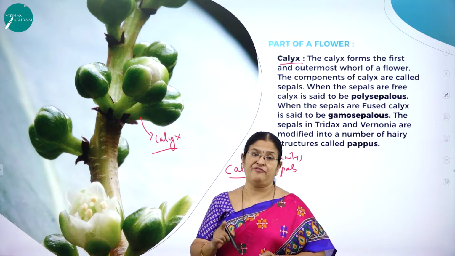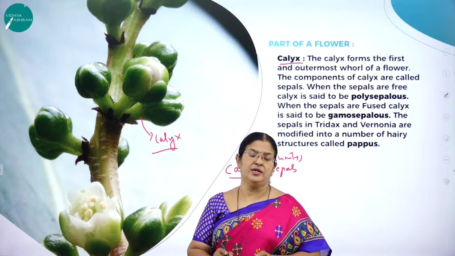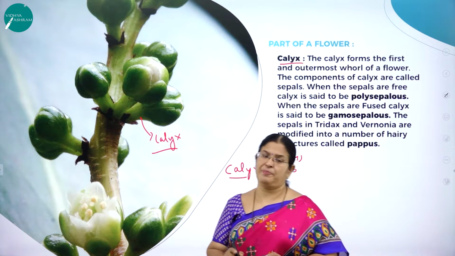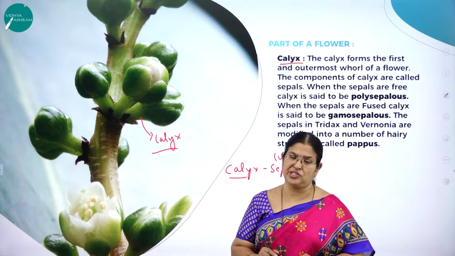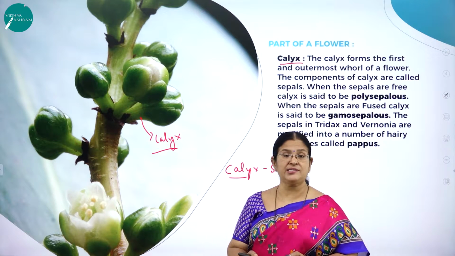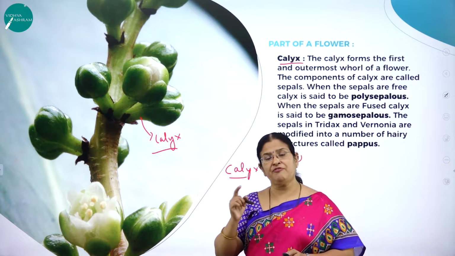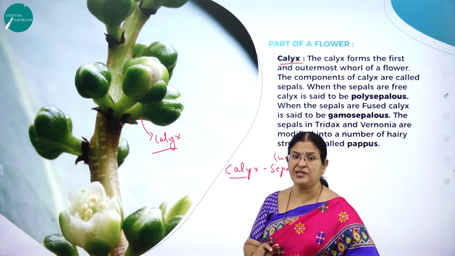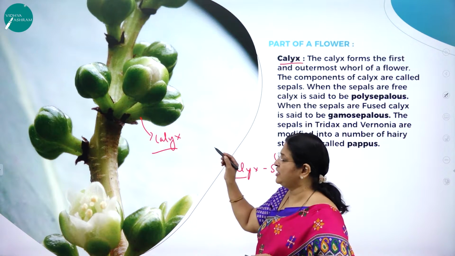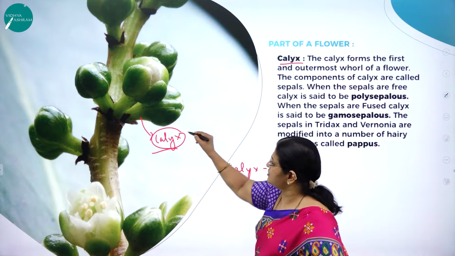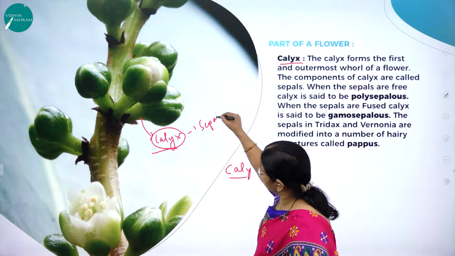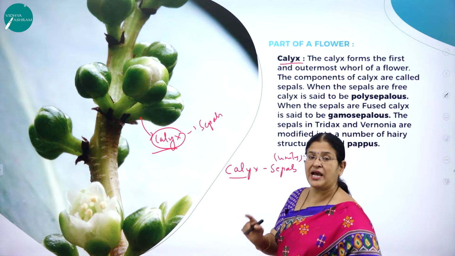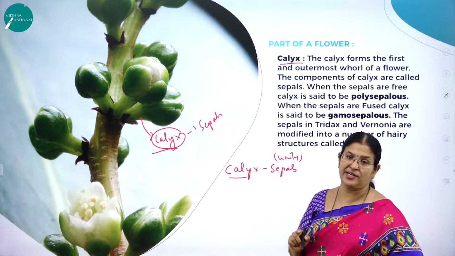As we all know, the flower is a very important part of a plant body which takes part in sexual reproduction because it contains androecium and gynoecium. So when it is in the bud condition, it is protected by a leaf-like structure called calyx, and the units are called what? Sepals. Right. Now, calyx, as I said, is one of the accessory whorls.